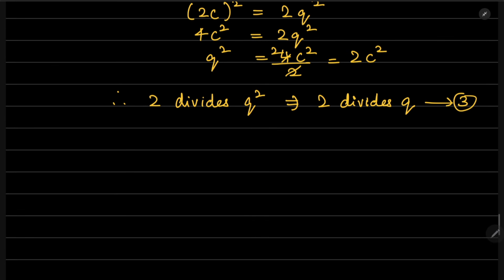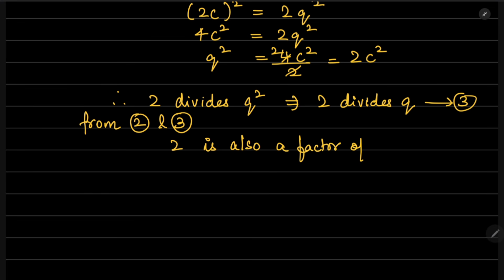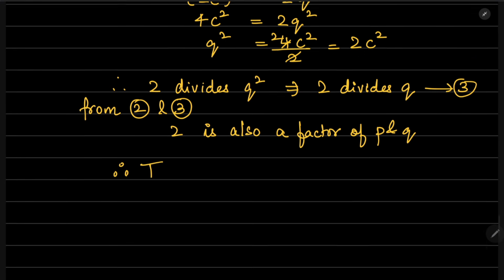So write down, from 2 and 3, what do you see? 2 is also a factor of P and Q. Therefore, this makes our assumption wrong.